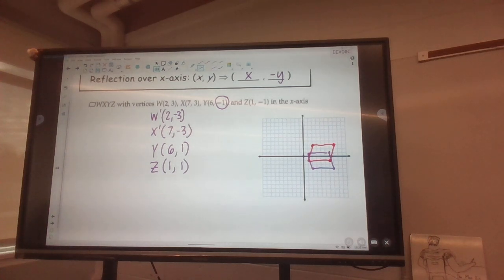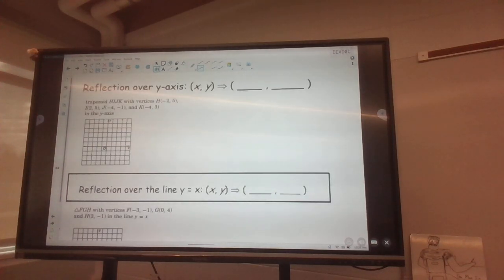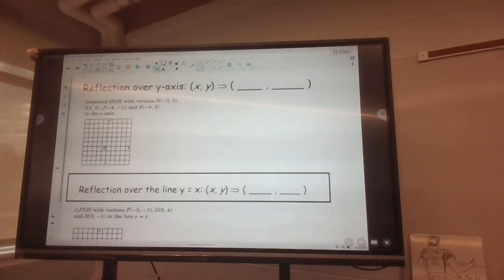All right, so we're looking at the next rule. Now the y-axis, again, we did this one already, and you might have a guess of what that rule is going to be based off our rule for the x-axis. Remember the y-axis is the vertical axis here.